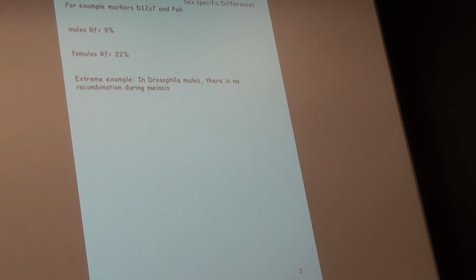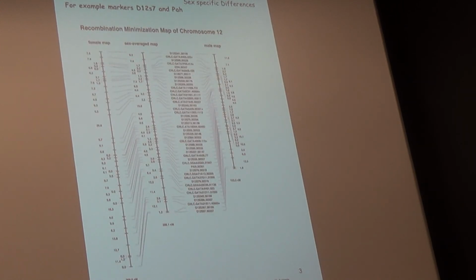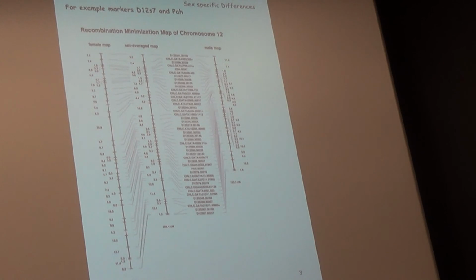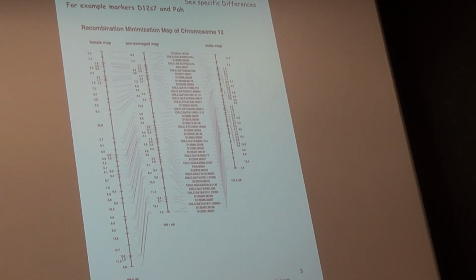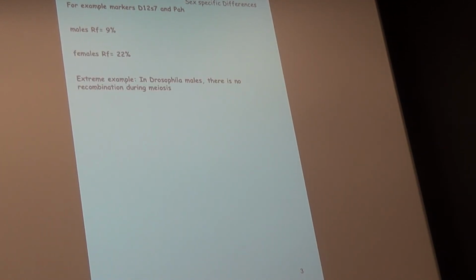With map distances, if you measure them via recombination in one instance versus another, is 9% map units in males and 22% map units in females. And that's not observed. That was actually a mistake. It's not in Drosophila. This is human genes.